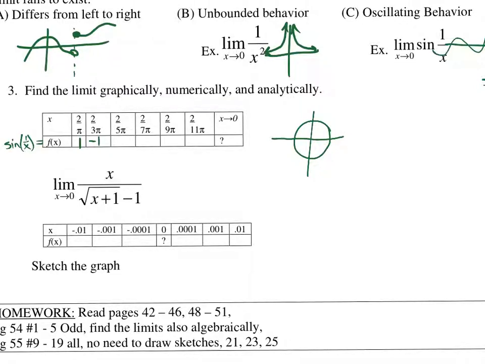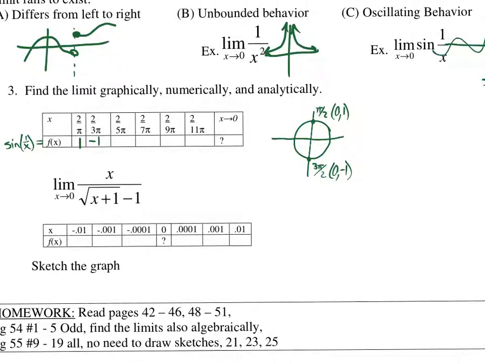Unit circle, pi over 2 is up here, remember? That's the point 0, 1. So cosine is 0 and sine is 1. And then down here is 3 pi over 2. And that's the point 0, negative 1.